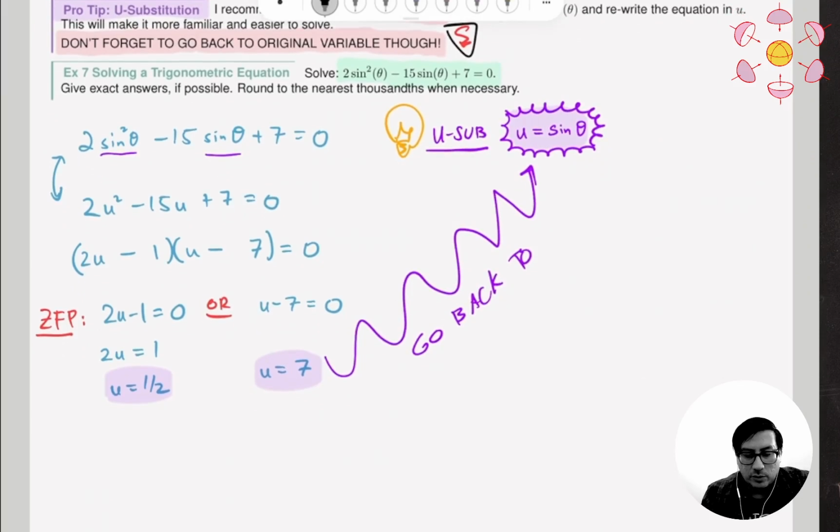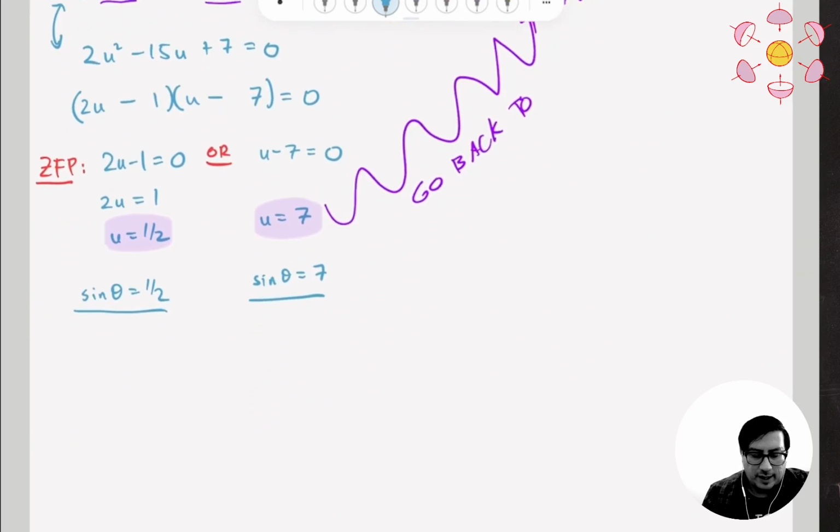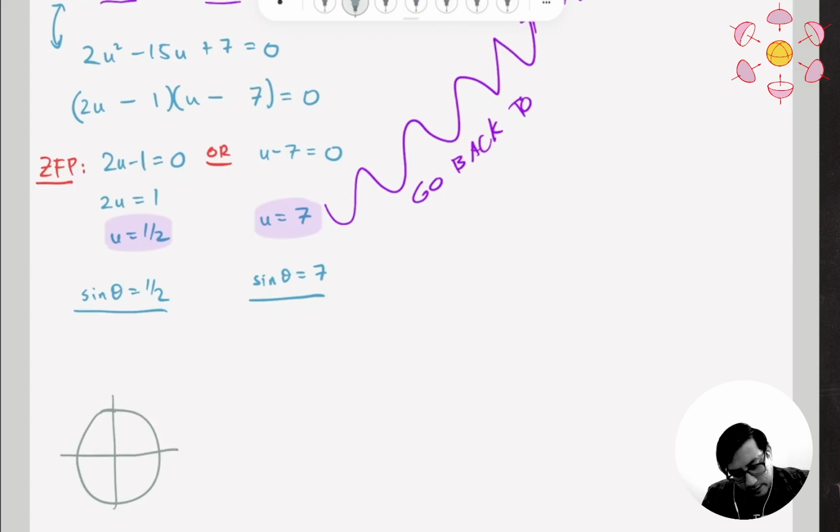What we actually go to next is we go, okay, if u is sine theta, replace the u. I actually have to solve these two new equations here. Sine theta is 1/2, sine theta is equal to 7. Okay. Sine theta is 1/2. I can draw a quick unit circle.